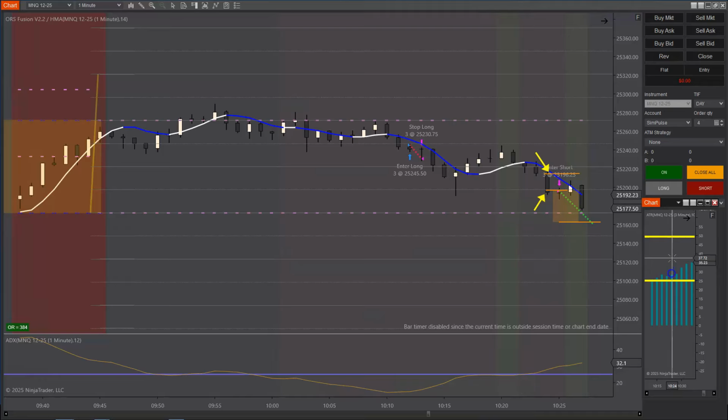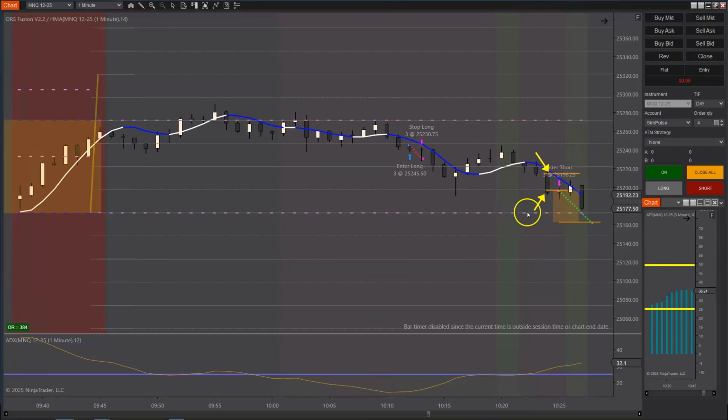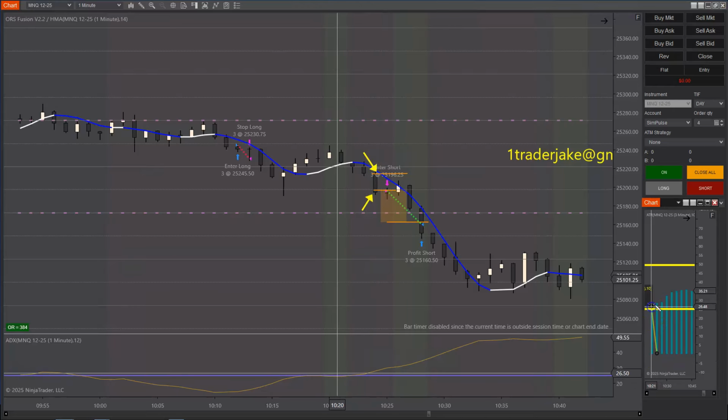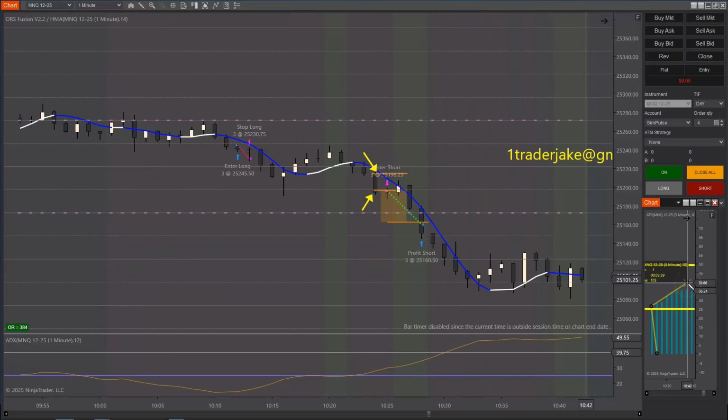Oh, my lines got deleted somehow. Okay. So maybe here you notice that the ATR is, let's measure it, 100 ticks.